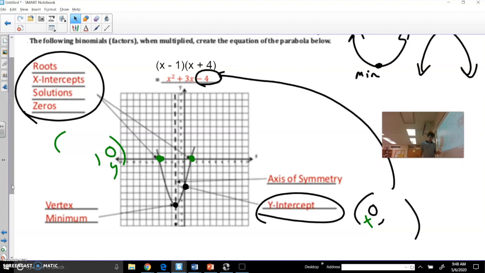And then the last little vocabulary we want to talk about is the word symmetry, for the idea of axis of symmetry. There's this invisible line that can cut the graph in half, because all U-shaped quadratic graphs have this symmetry that can cut the graph right in half.